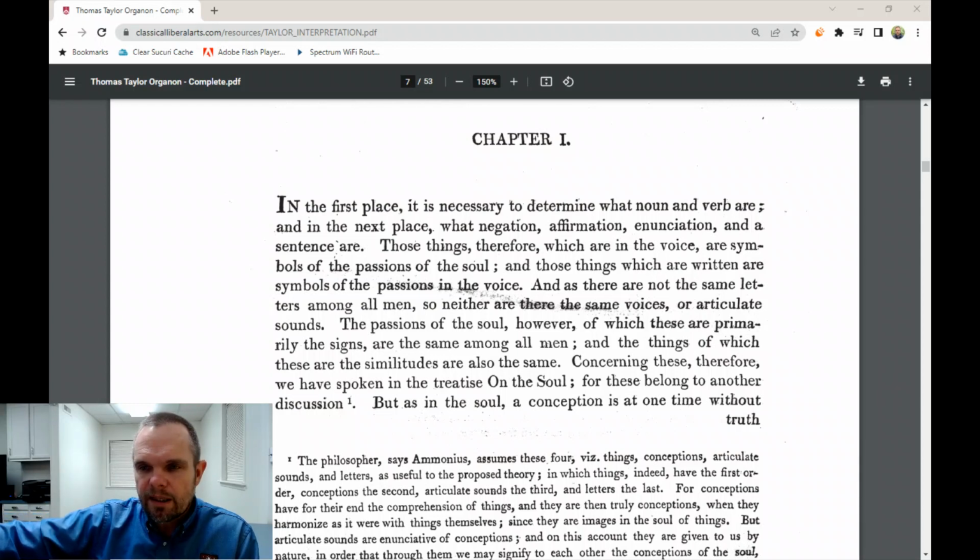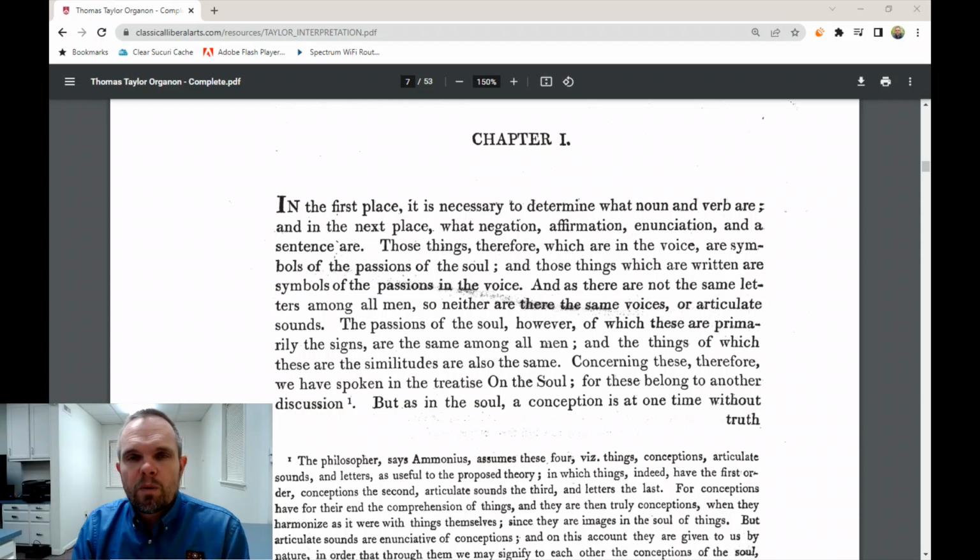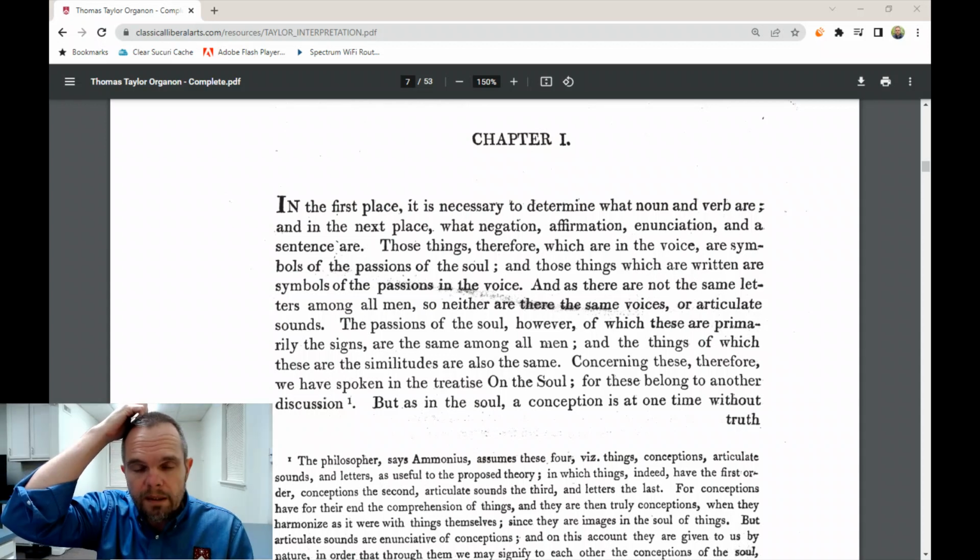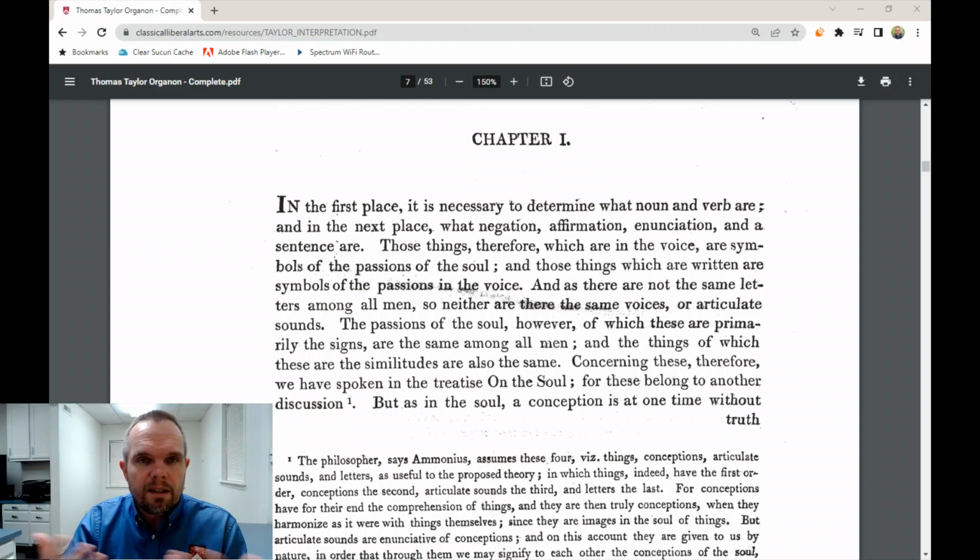The words that different groups use to name things and express ideas are different. And again, the reason why that's important is because it shows us that language is not natural. Language is artificial. It's made by men. It's institutional or conventional. It's established by agreement.